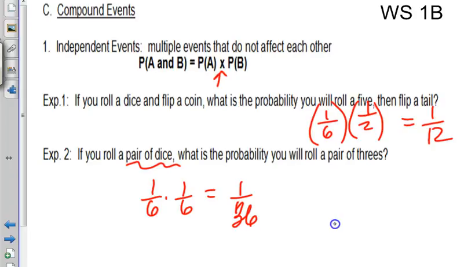And you'd have to add up the total number of ways you could get it. Sum is 6, okay? If I say the sum is 6, you could get a 1 and a 5 or a 5 and a 1. You could get what else? 2 and a 4, 4 and a 2, or a 3 and a 3. If you want a sum of 6, so how many different possibilities?